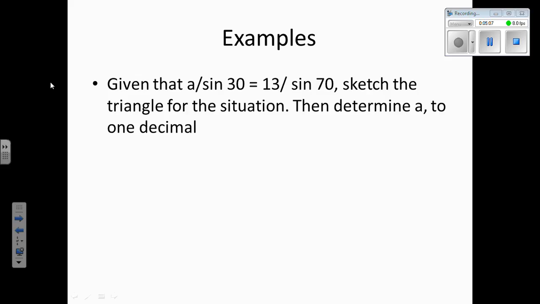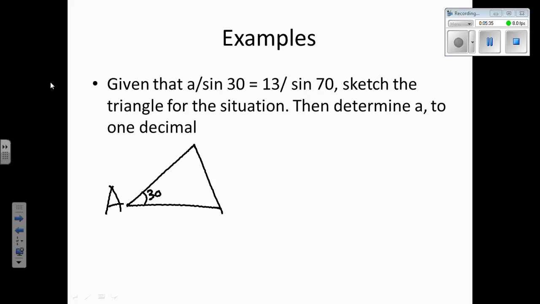So, given that a over sine 30 equals 13 over sine 70, sketch the triangle for the situation and determine a to 1 decimal. Okay, so let's draw out a triangle. I'm going to make this one angle A, and angle A we know to be 30.